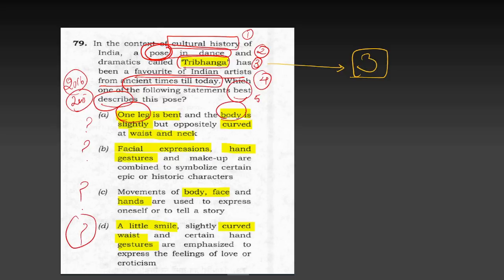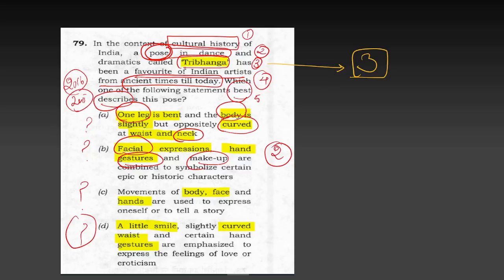Body is slightly curved, and waist and neck are curved. Then facial expressions and hand gestures. Here it comes only two. Makeup is there, but they are talking about facial expression, hand gestures, makeup. They are not talking about the pose, right?